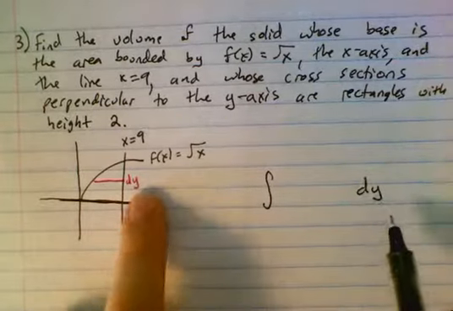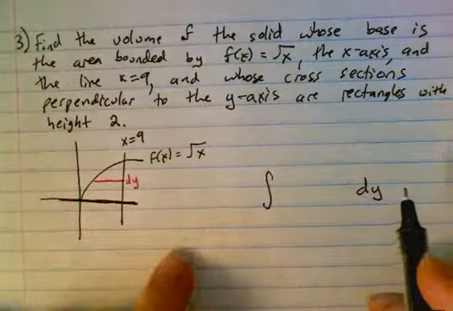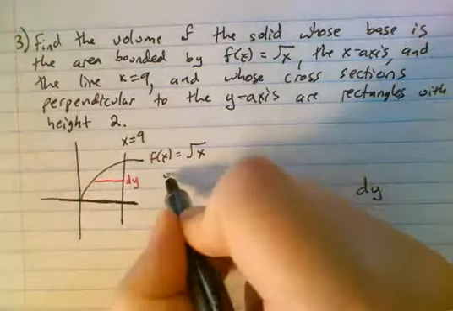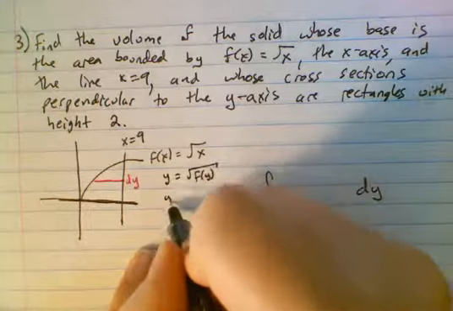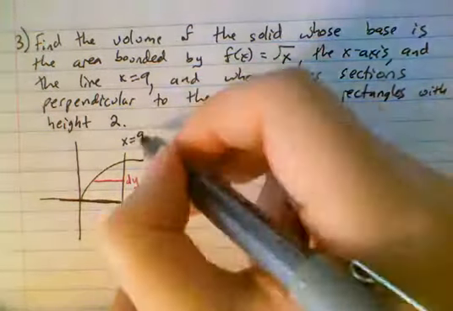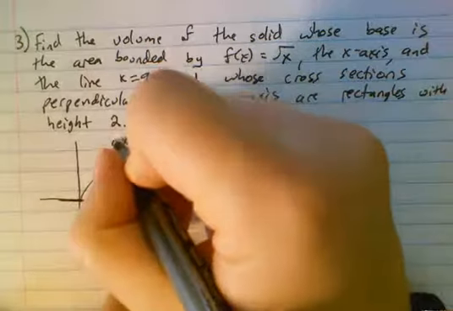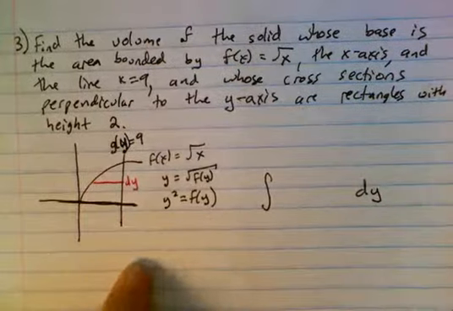Now as soon as I see this y, I know that all of these have to be in terms of y. So f of x, that's y equals square root of x, so x equals y squared. Okay, check. x equals 9, that's the same as saying g of y equals 9.